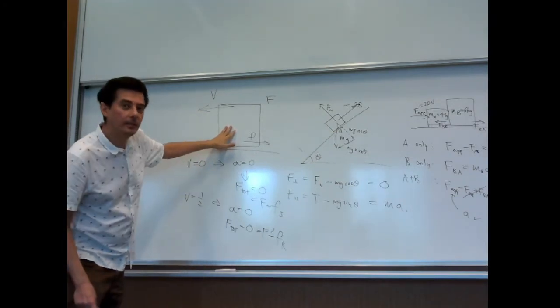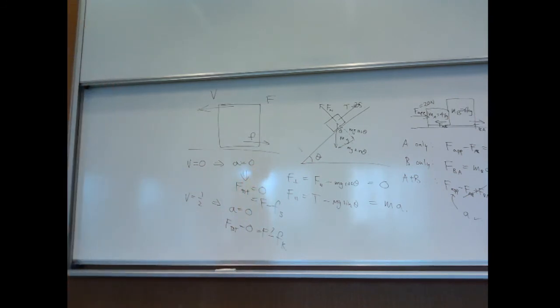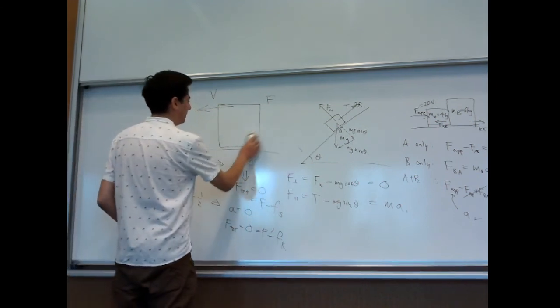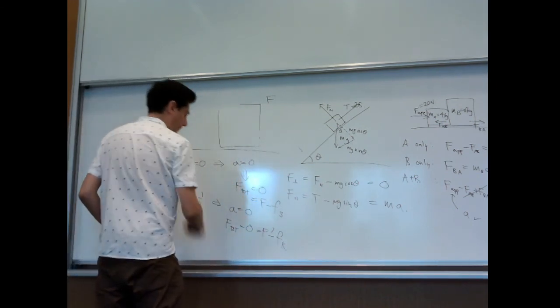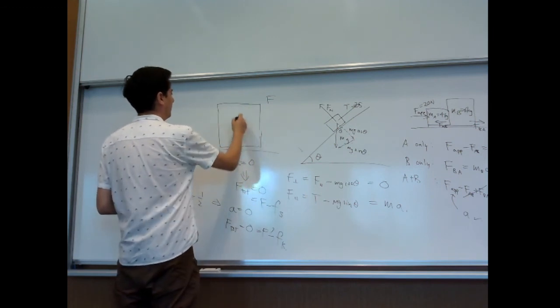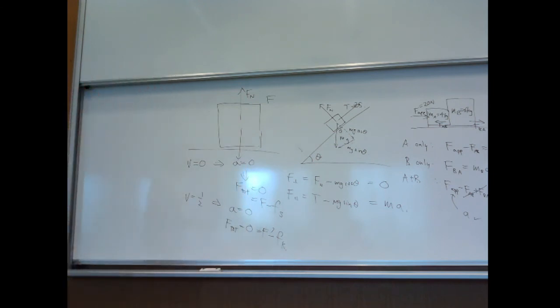Sorry? 0. Right, 0, yes. 0 because it's not even moving. So the only forces on it are gravity and the normal force. It's not moving. There's nobody pushing on it, so there's no frictional force.